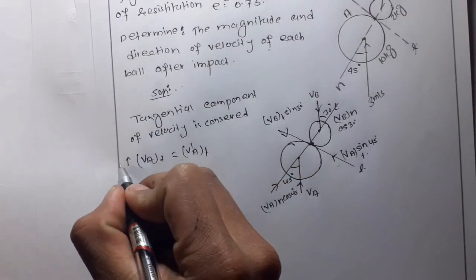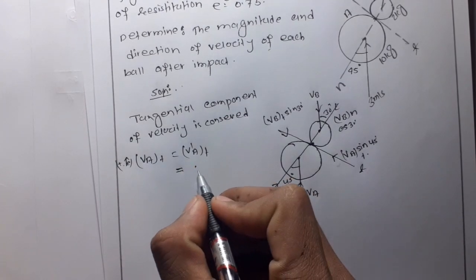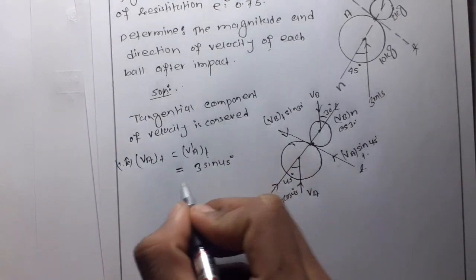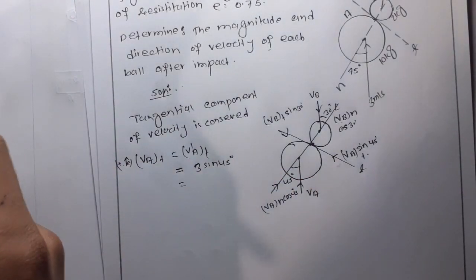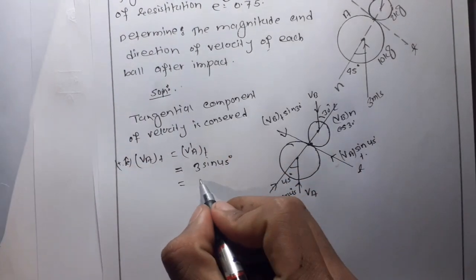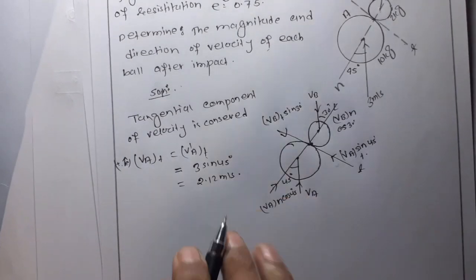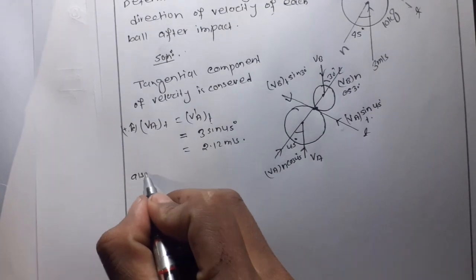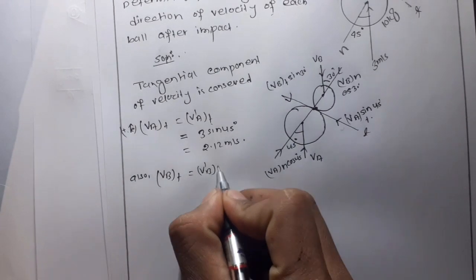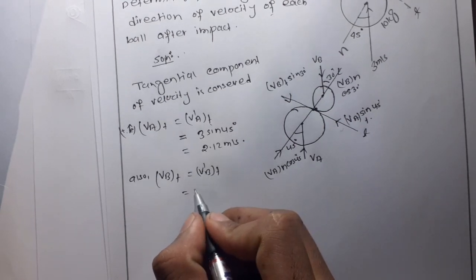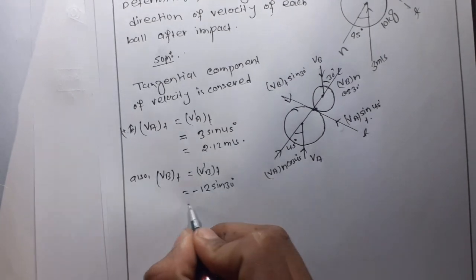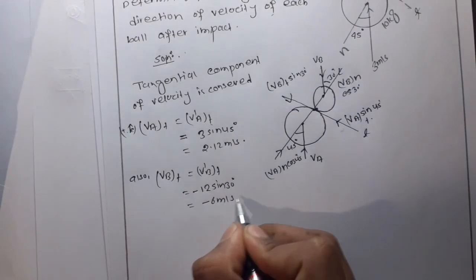Taking upward as positive, vAT is 3 sine 45 degrees, so this is 2.12 meters per second. And also vBT is equal to v'BT, which is minus 12 sine 30, so this is minus 6 meters per second.